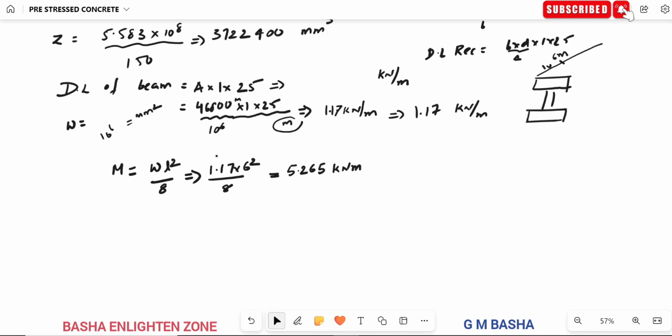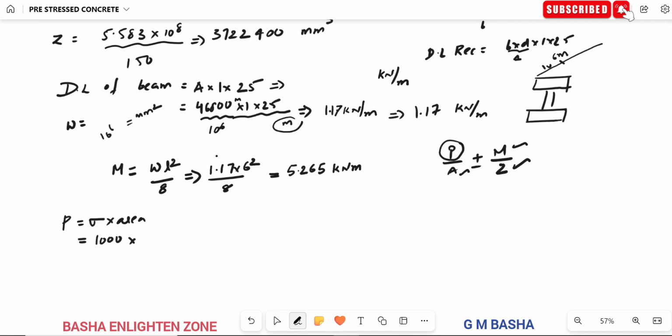And again, what are the values obtained here? P by A plus or minus M by Z. If you see here, we calculated Z, and we calculated M value, and we calculated A value, but only P value will be pending. So already I told you, force will be equal to stress into area. So compressive force will be equal to compressive stress into area, where the initial stress is given, that is 1000 into area.